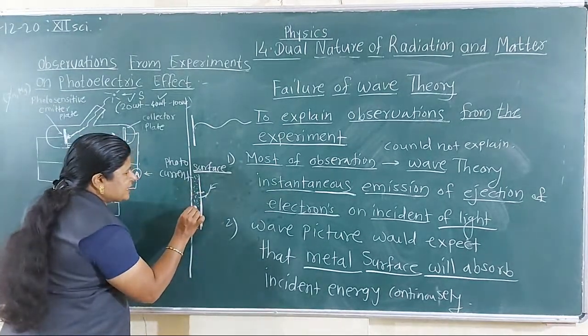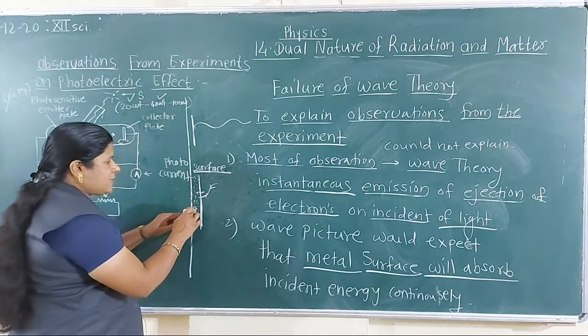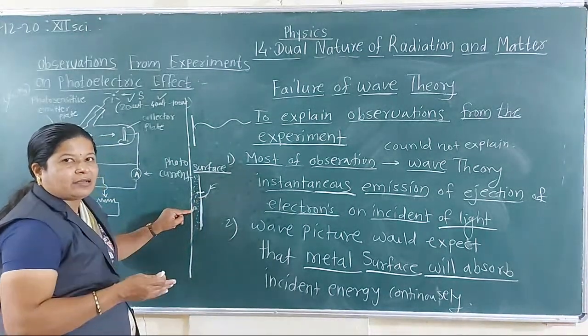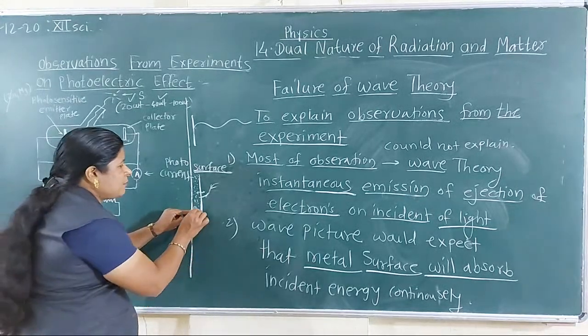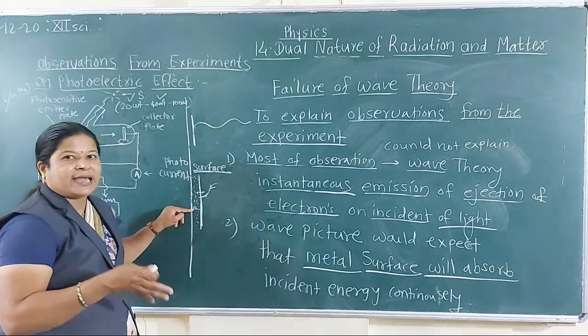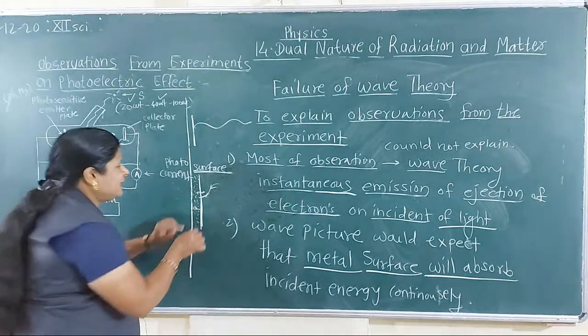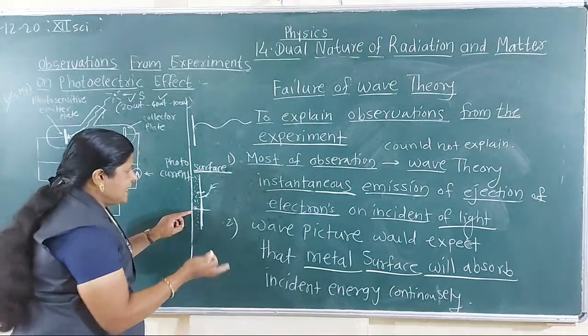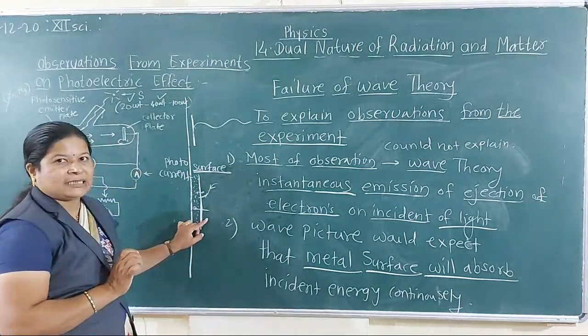For example, here is an electron, and it absorbs this incident energy and takes some time, it may be 1 second or 1 millisecond, and then it ejects from this metal surface.